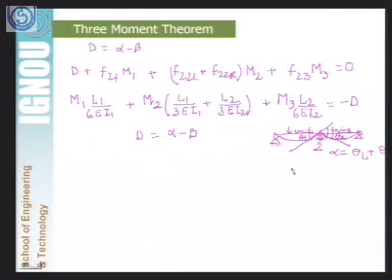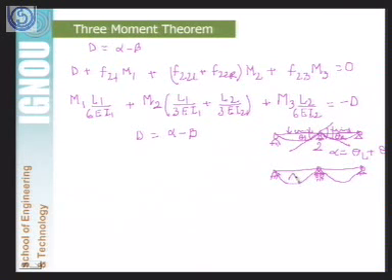And let us say that if we draw the bending moment diagram because of the loading on the simply supported beam, which we can easily draw because this is a determinate structure. So suppose this is our bending moment diagram because of the loading.